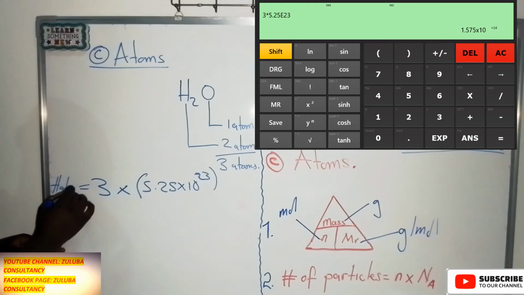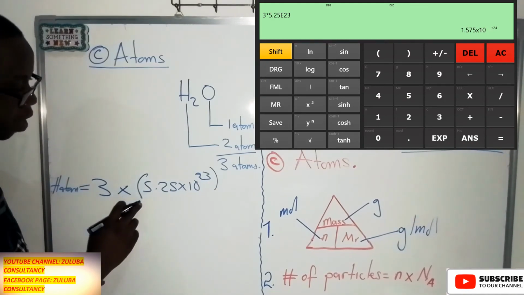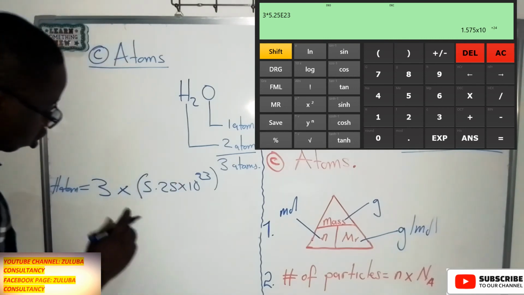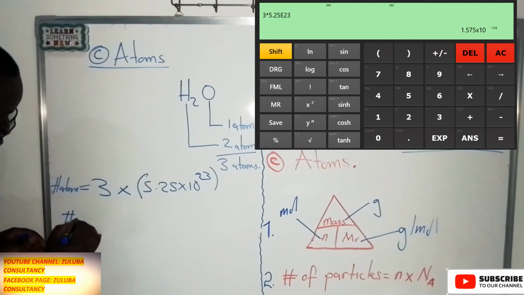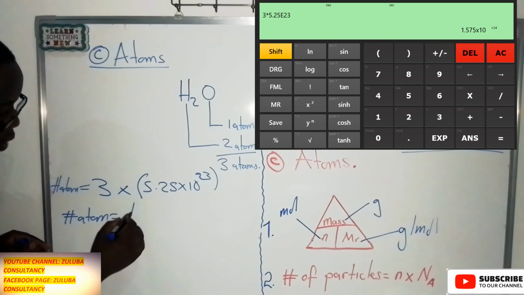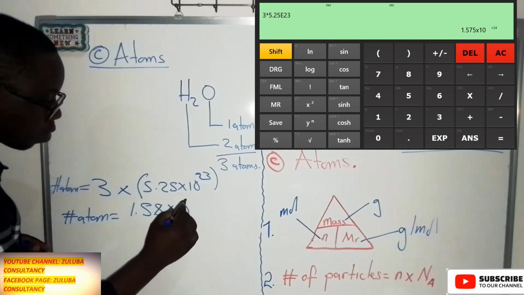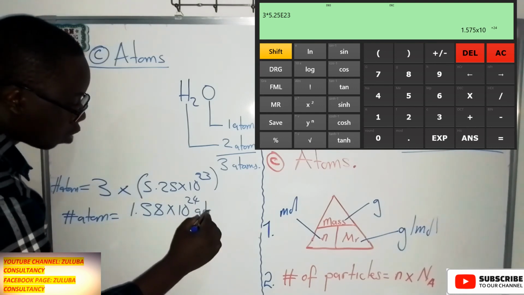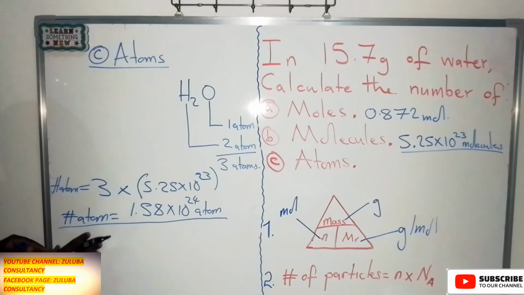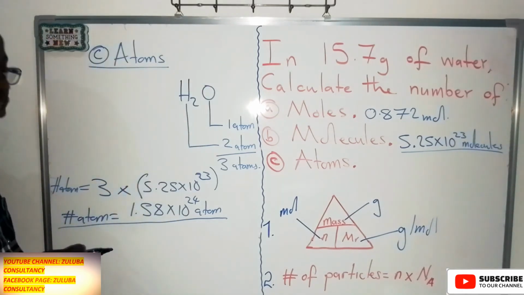When we punch 3 multiplied by 5.25 times 10 to the power 23, we should get the number of atoms as 1.58 times 10 to the power 24 atoms. So this becomes the number of atoms present in the 15.7 grams of water molecule.